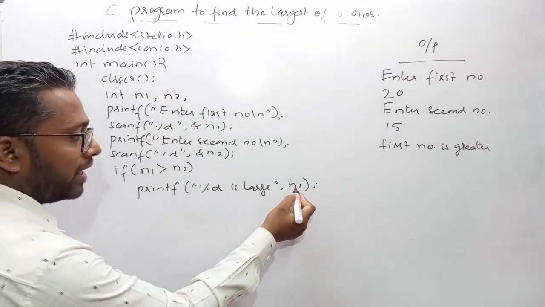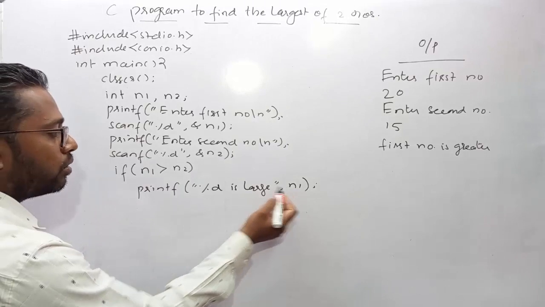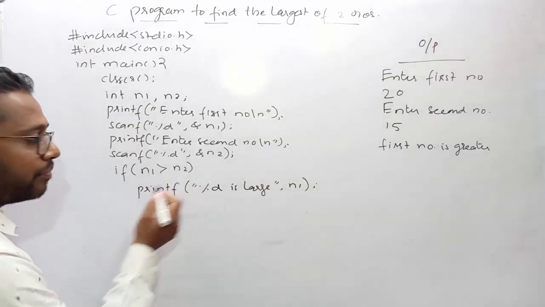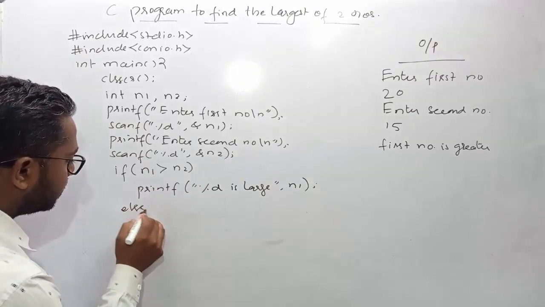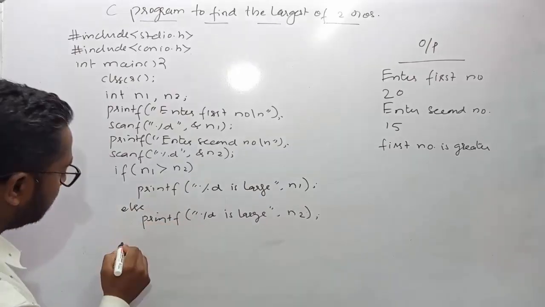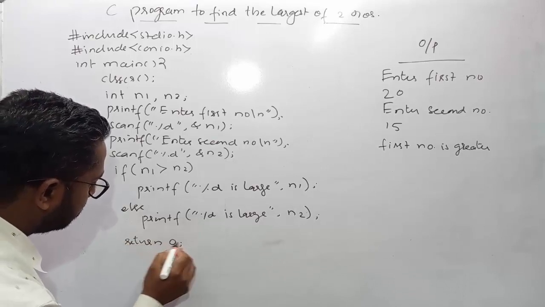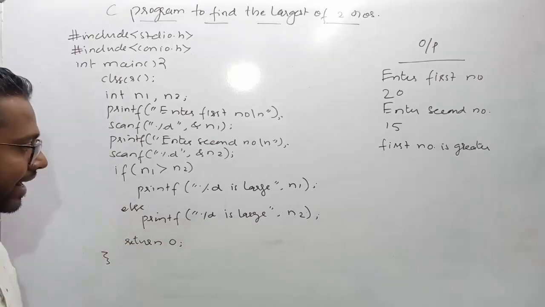That means the variable n1 holds the value 20, and to represent that value 20 here I have used %d. Okay. Else printf, then I will return 0 and then close the bracket.